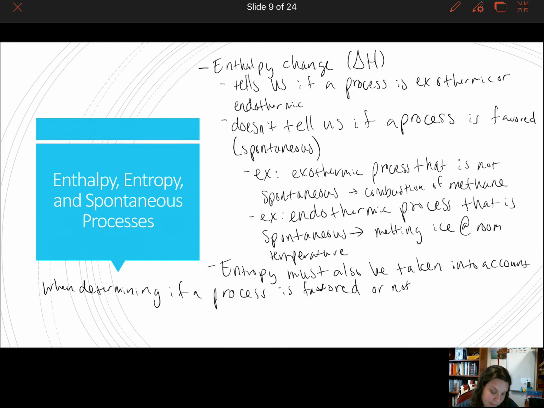Okay, so another thing to keep in mind is that we are talking about thermodynamics, which tells us the direction or extent of a reaction, not kinetics, the rate of a reaction. So a spontaneous process, thermodynamically, is possible, which means that we can have this reaction occur. But it can still be very, very slow.